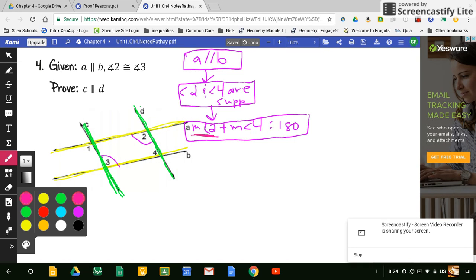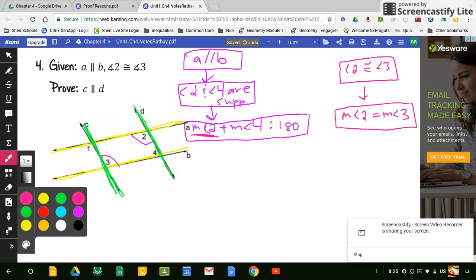Now, my goal is to get a 3 right here. So in my next branch of the proof, I'm going to say angle 2 is congruent to angle 3, which tells me the measure of angle 2 is equal to the measure of angle 3. And we convert that using congruent angles, our angles with equal measure.